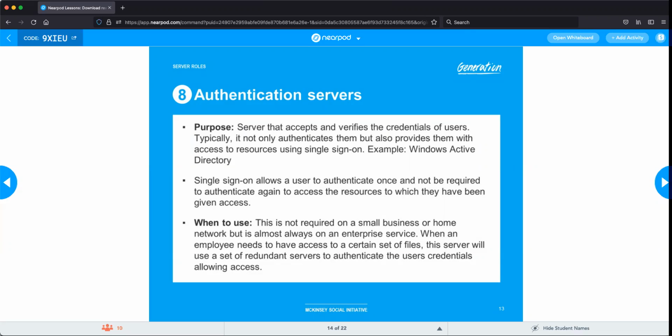When to use: this is not required on a small business or home network, but is almost always on an enterprise service. When an employee needs to have access to a certain set of files, this server will use a set of redundant servers to authenticate the user's credentials, allowing access.